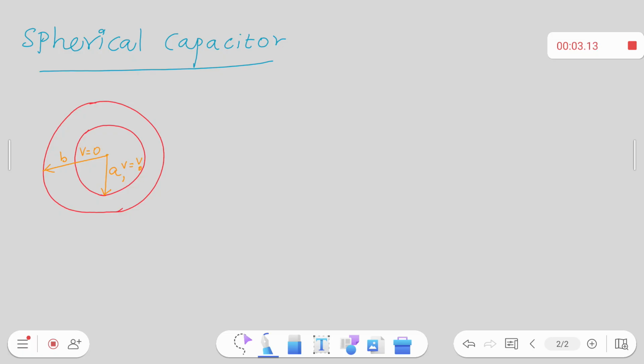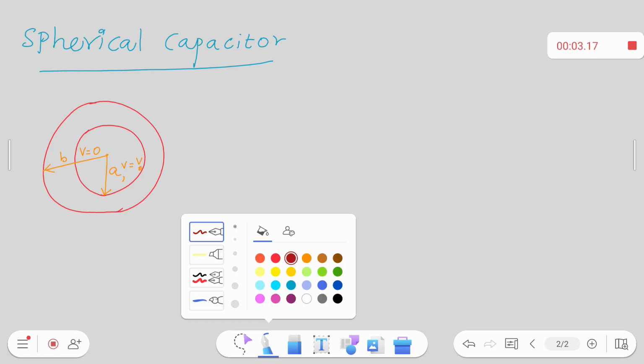So this is our assumption. We will see how we can use Laplace equation and estimate the capacitance of this conducting material, spherical capacitor.